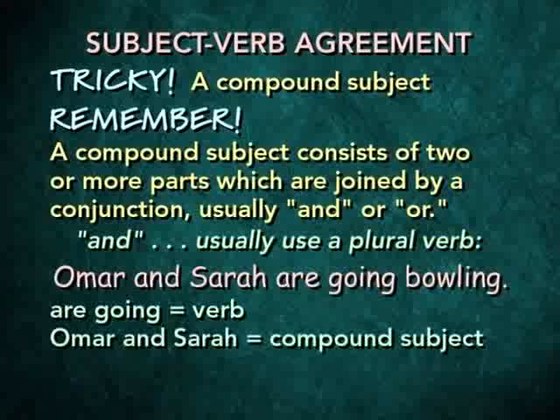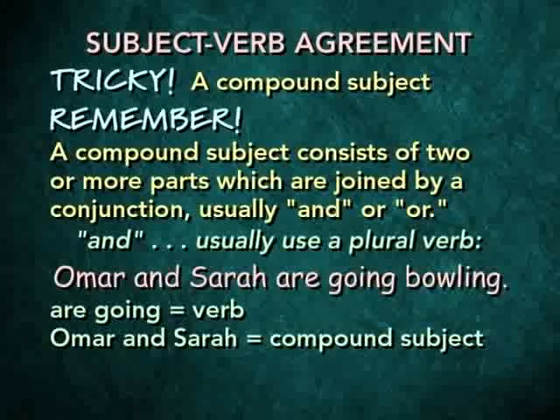We have 2 parts joined by the conjunction and this is a very typical kind of compound subject. Notice that although each of the parts of the compound subject is singular, Omar, Sarah, each of these is a singular word, taken together, they make up a compound subject which is treated as plural.